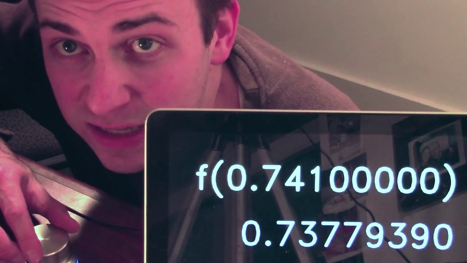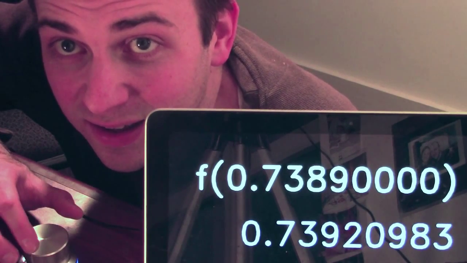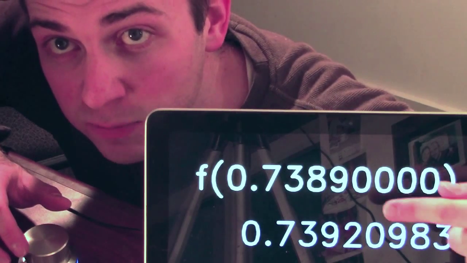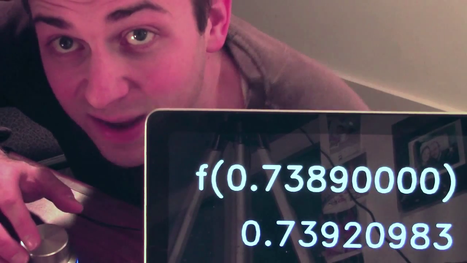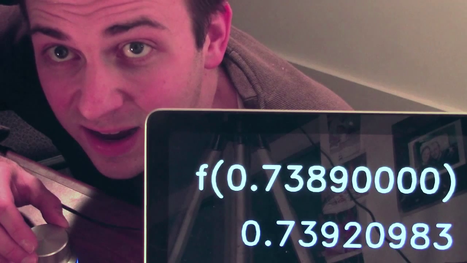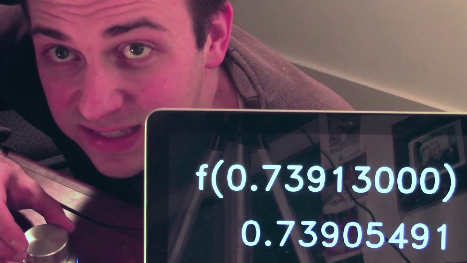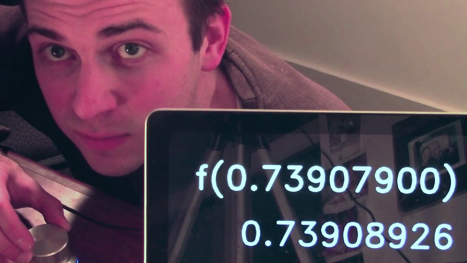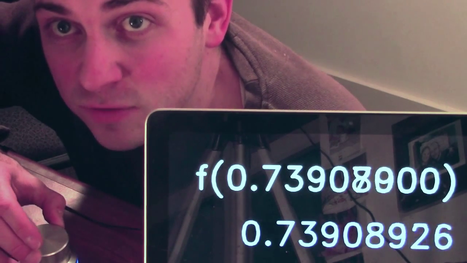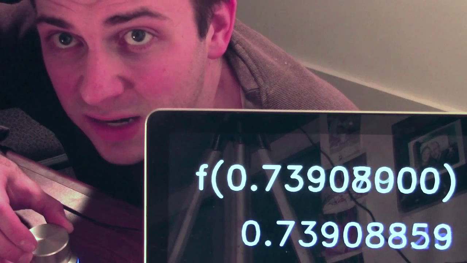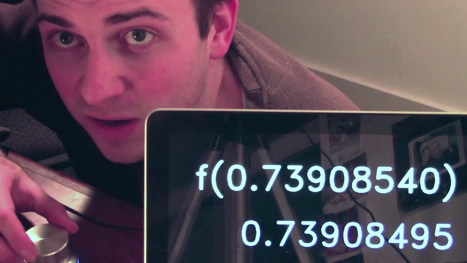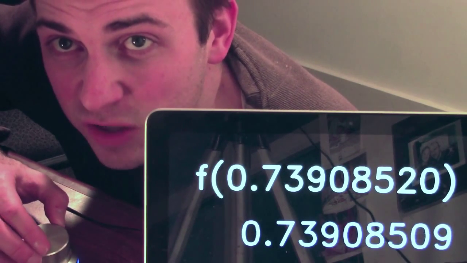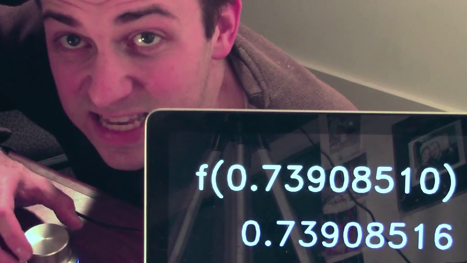Now I'll decrease the input. Ooh, the opposite thing happened. Now the input is smaller than the output. Now I'll increase the input, decrease the input, increase the input. And you can see that I can zoom in or narrow in on the correct value of x so that cosine of x is equal to x.